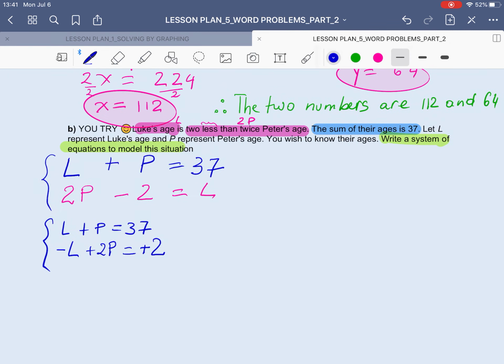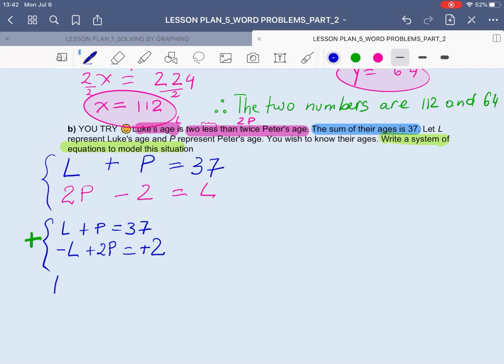And now I'm going to think, which variable do I want to eliminate? Remember, the strategy here will be, do they have same or opposite coefficients, for any of the variables? Well, these two have same sign, different values, and these two are opposite coefficients, so it would be easier to eliminate L. And we remember again that when the two coefficients are exact opposites of each other, we need to add the equations in order to simplify, and that's what we'll do.